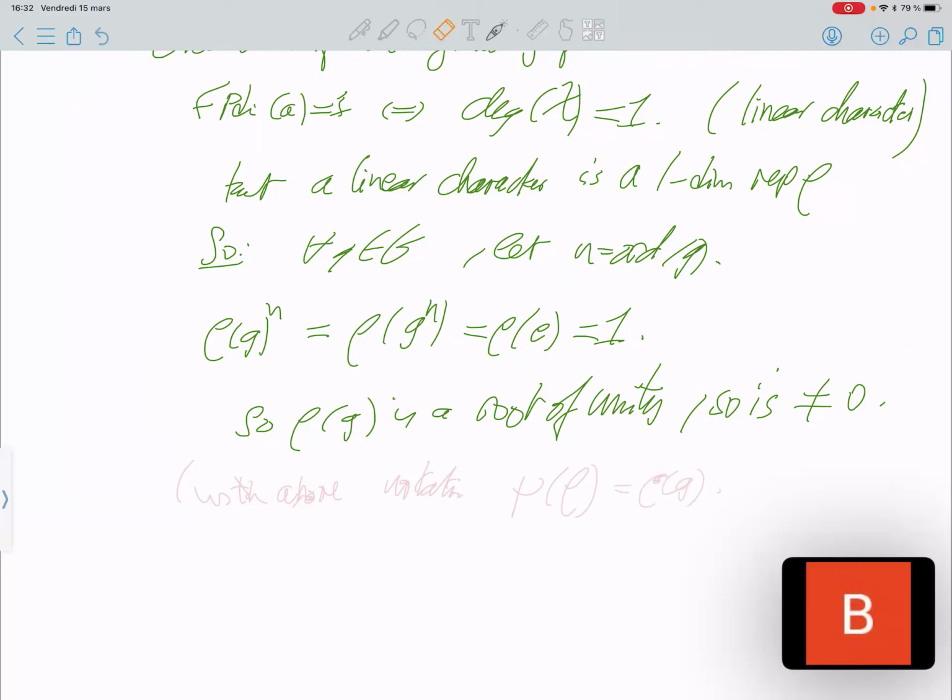So more precisely, for all mu in B hat, there exists a g in G such that for all rho, mu of rho equal rho of g.